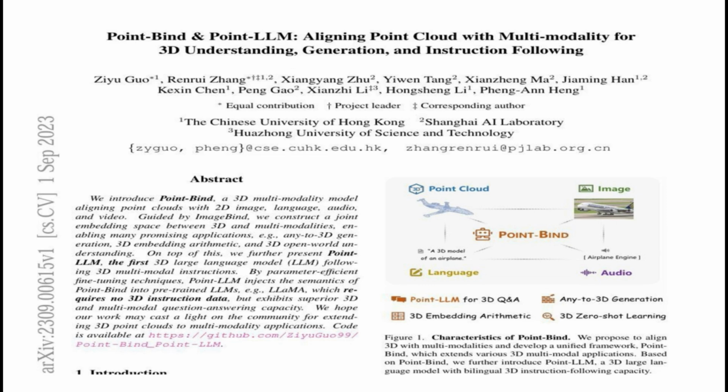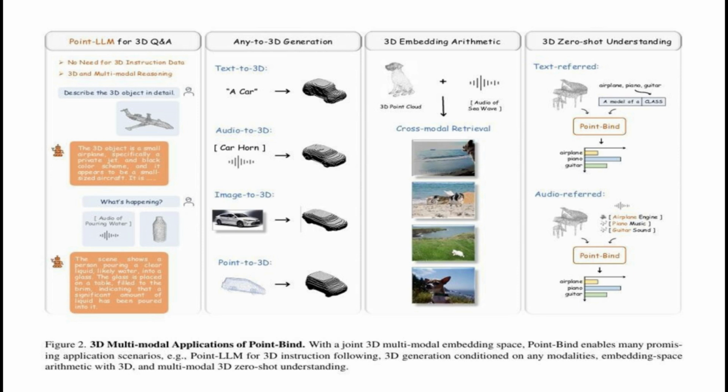But Point-Bind and Point-LLM bridge this gap by aligning 3D point cloud with multimodal inputs like images, text, audio, and video. Point-Bind enables AI to convert any form of input, like text, images, or sound, into 3D representation, unlocking exciting possibilities for 3D generation.